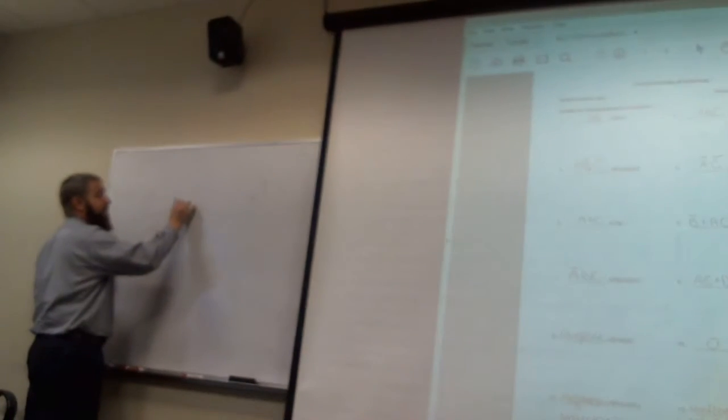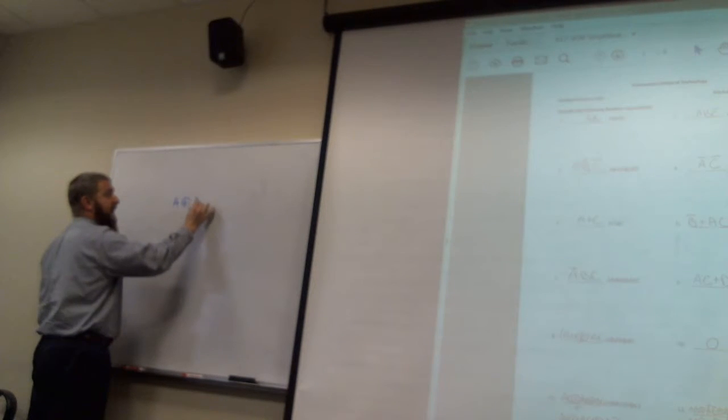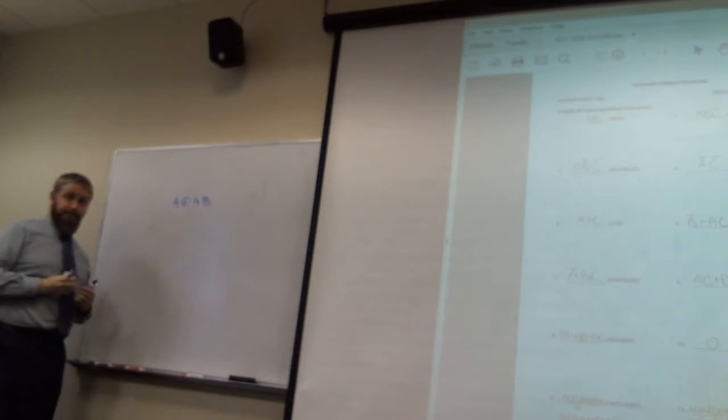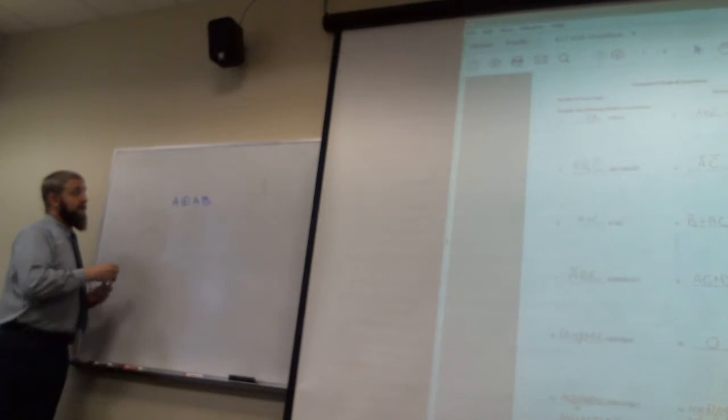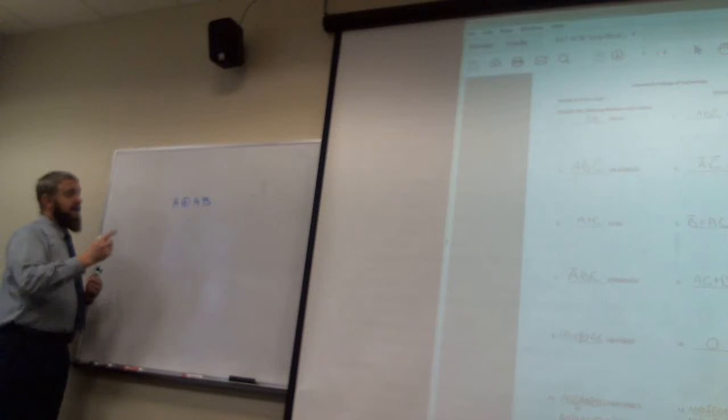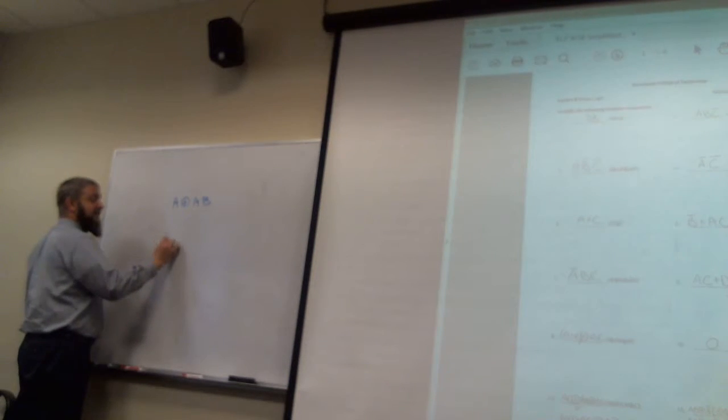How does this work? If I have A XOR (A AND B), how does that simplify? A XOR (A OR B)? That's the common identity version, right?